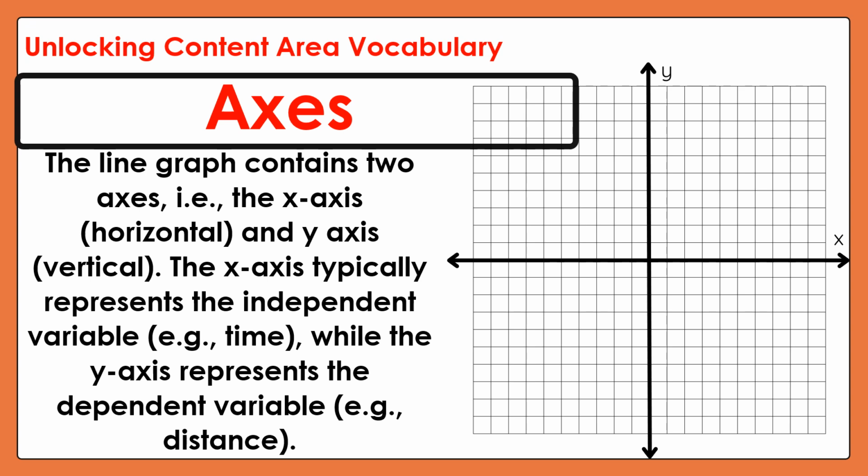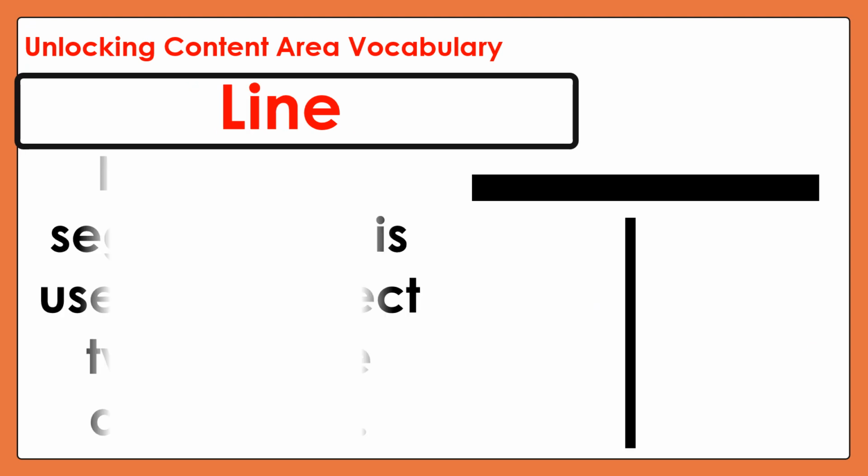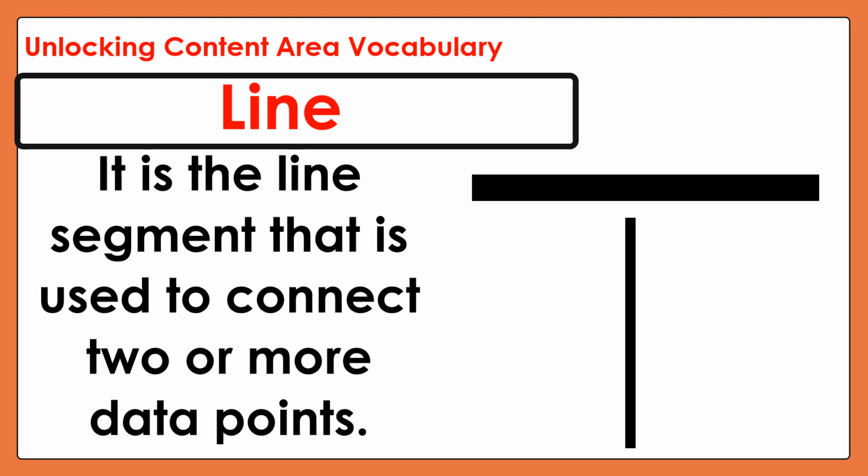The x-axis typically represents the independent variable, example, time, while the y-axis represents the dependent variable, example, distance. Labels. The name given to the x-axis and y-axis. Line. It is the line segments that is used to connect two or more data points.